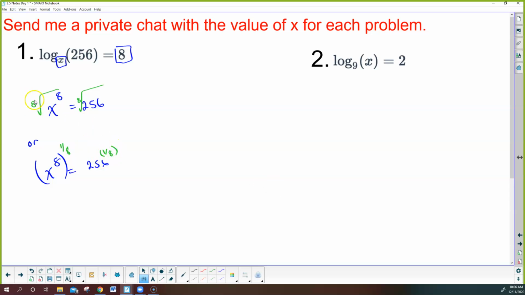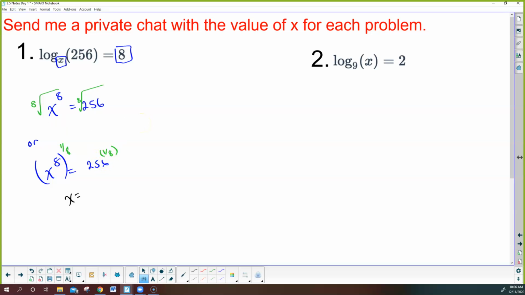So if you know how to do the 8th root in your calculator, I'll show you that. If not, you can still do it to the 1/8 power, because the reason why this works is 8 times 1/8 is 1, so that leaves me with x. And then we just have to take 256 to the 1/8 power.